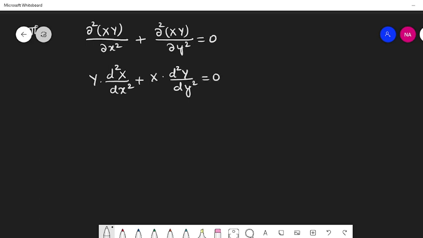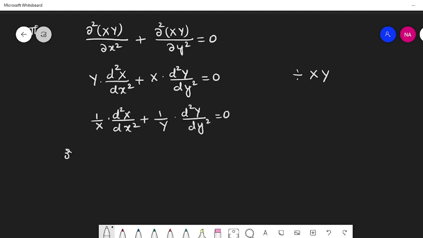Divide both sides by XY. Then Y gets cancelled: 1 by X into d square X by dx square plus 1 by Y into d square Y by dy square equal to 0.